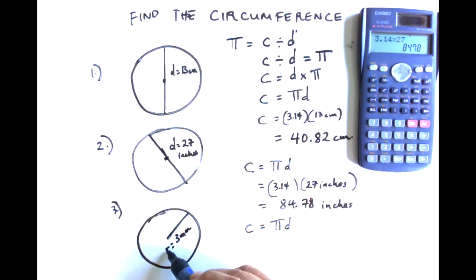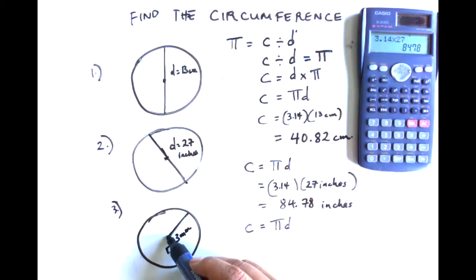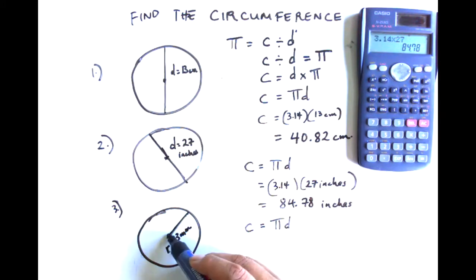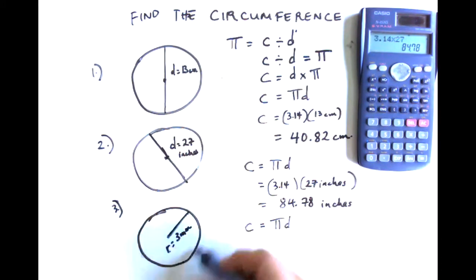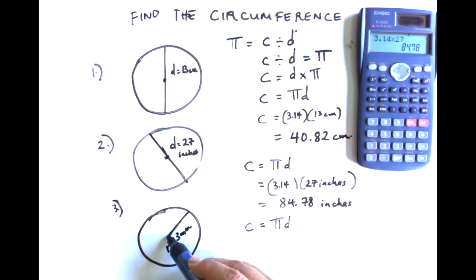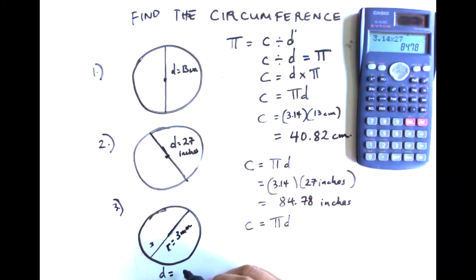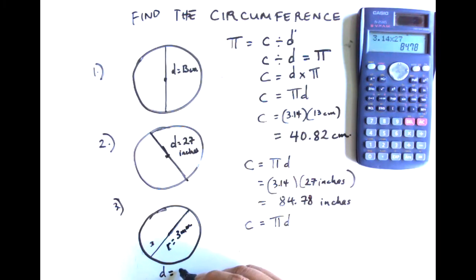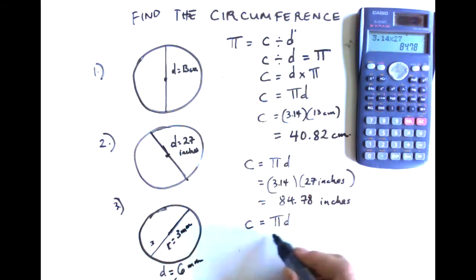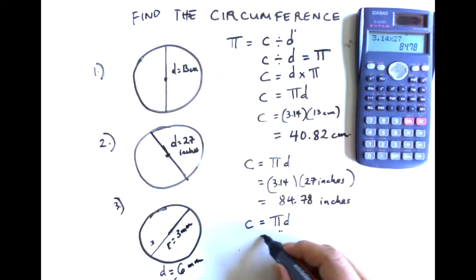Now, how many radiuses are there? What's the diameter of the circle? It's just another radius in here, right? Which is also 3. So the diameter is essentially 6 mm, which you could use to solve this question still.